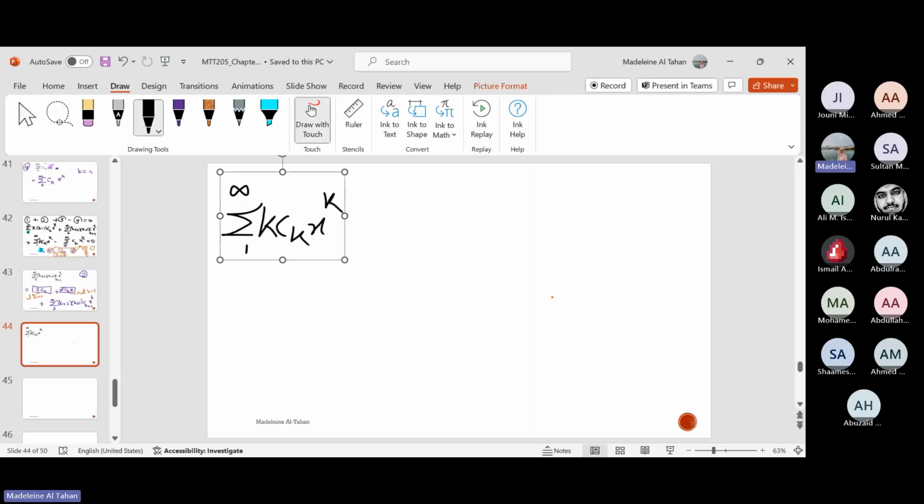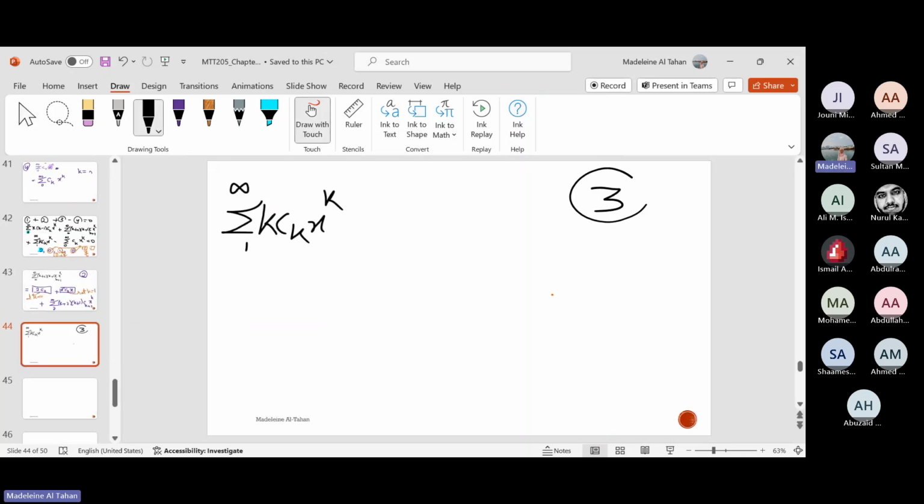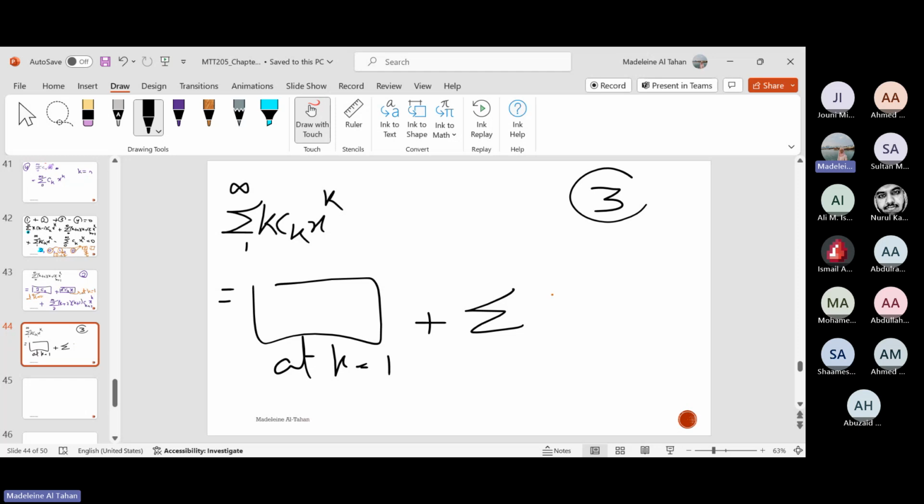So this one is series 3. We will write it at K equals 1 plus summation from 2 to infinity of K CK XK. At K equals 1, 1 times C1, X power 1 is C1X. Do we agree? Do we agree, guys? Yes.